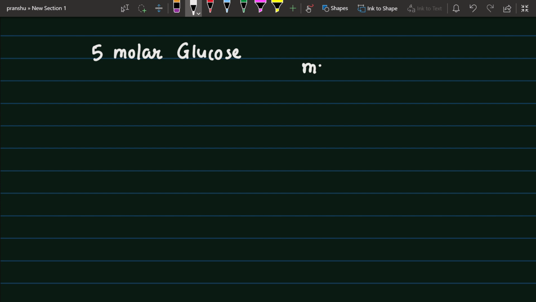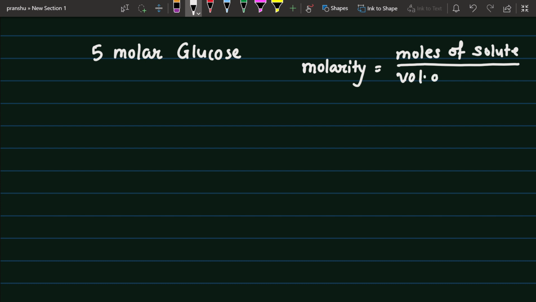As we know, the molarity is nothing but moles of solute divided by volume of solution in liter. Can we divide 5 upon 1?